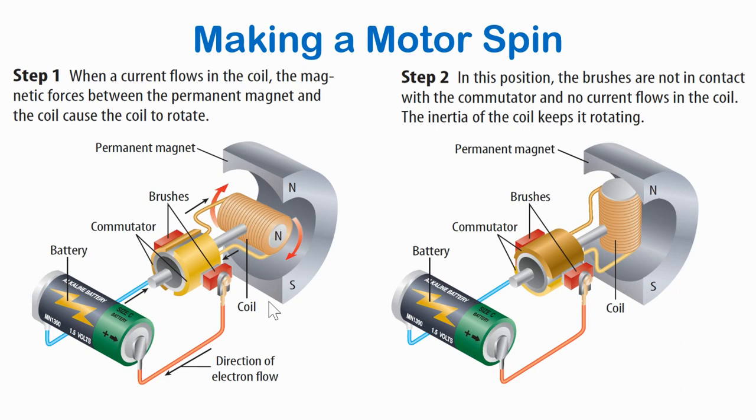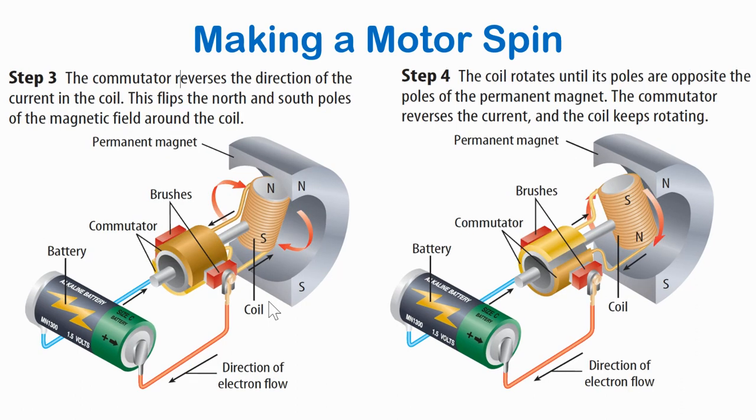When a current flows in the coil, the magnetic forces between the permanent magnet and the coil cause the coil to rotate. Step 2, in this position, the brushes are not in contact with the commutator and no current flows in the coil. The inertia of the coil keeps it rotating. For step 3, the commutator reverses the direction of the current in the coil.